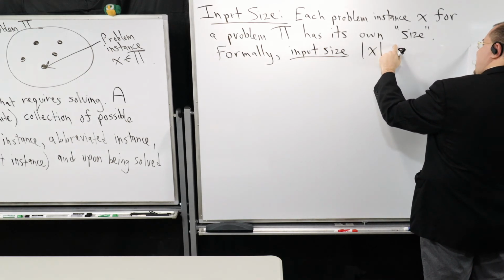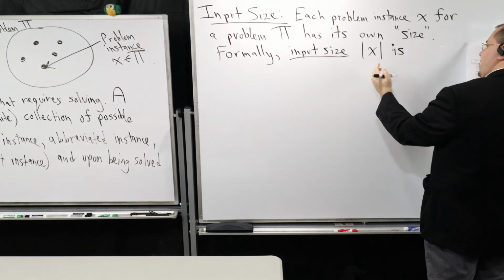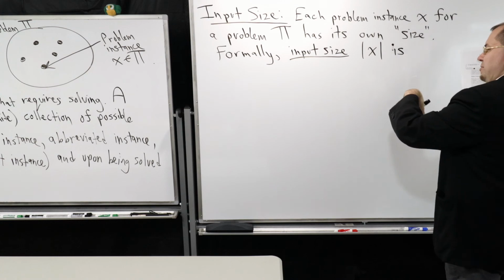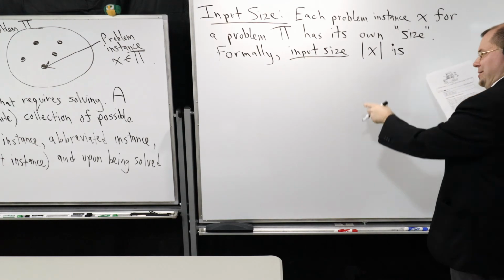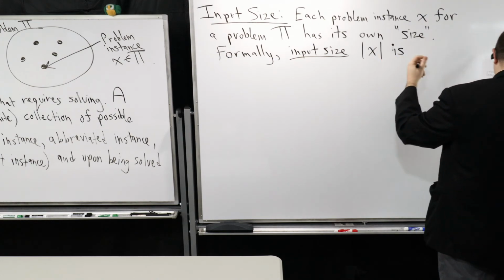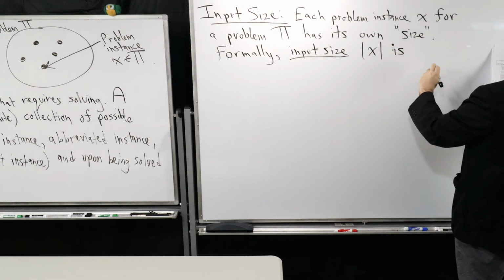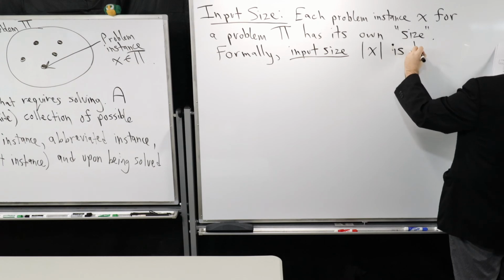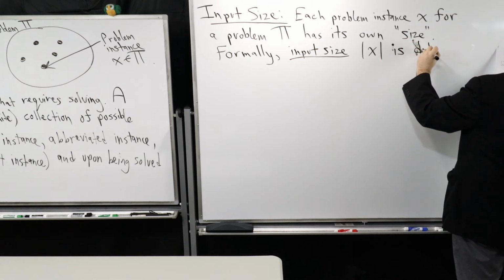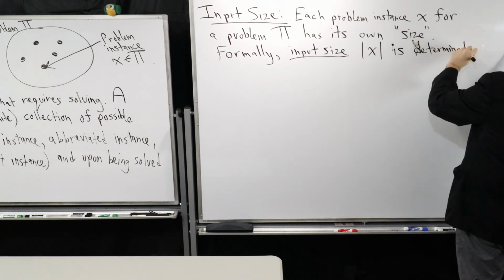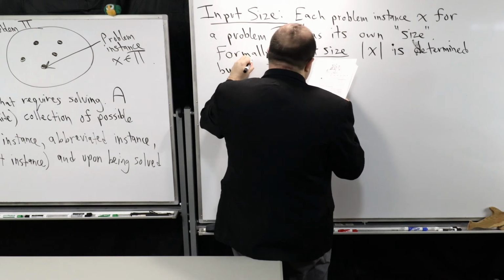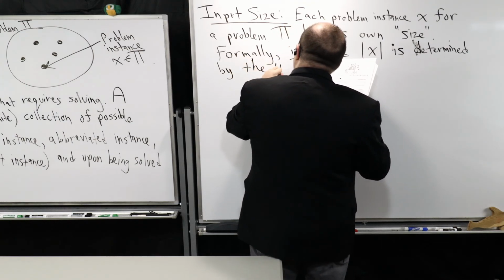Formally, input size X, which I'll usually give a more friendly name as opposed to this bar notation. If you take a course like 411, we use this notation a lot. Input size X is determined by the number of bits.